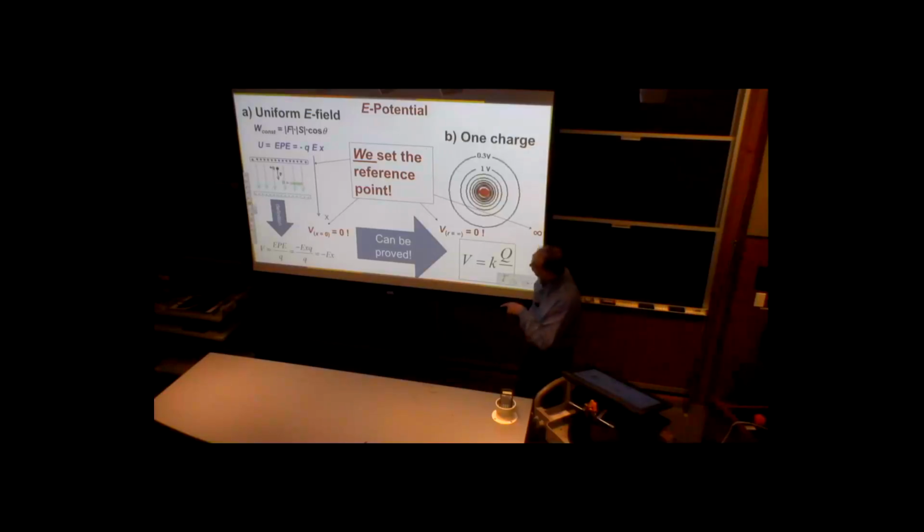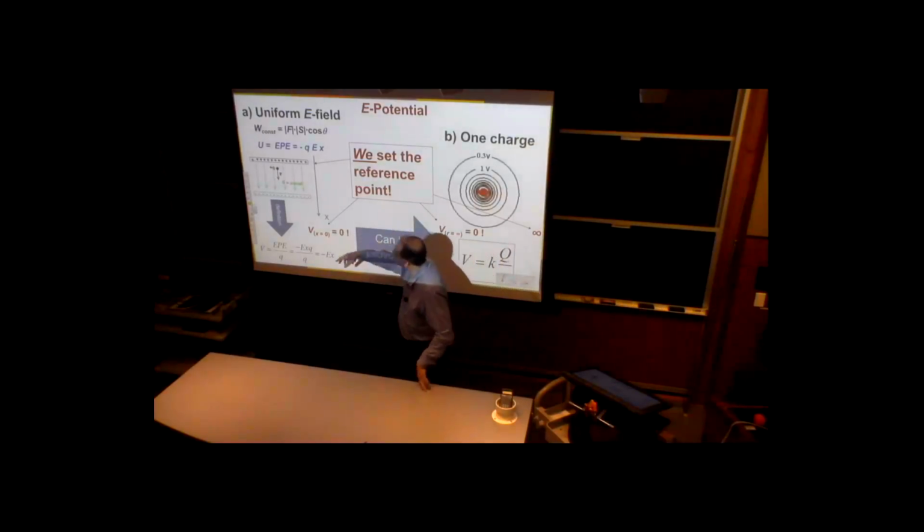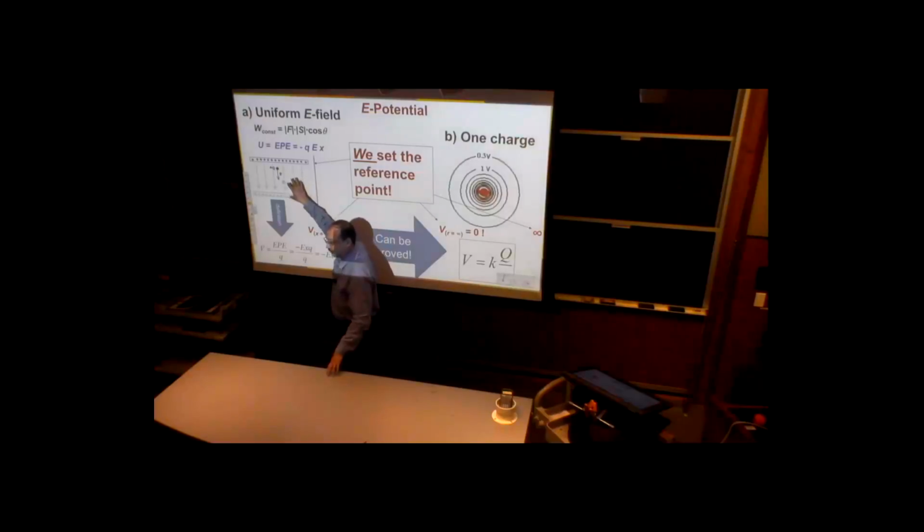So we saw this yesterday. If electric field is uniform or almost uniform, that's how we can calculate electric potential energy under certain conditions, which are not really important. According to the definition of electric potential, energy of a charge divided by the value of that charge gives electric potential.